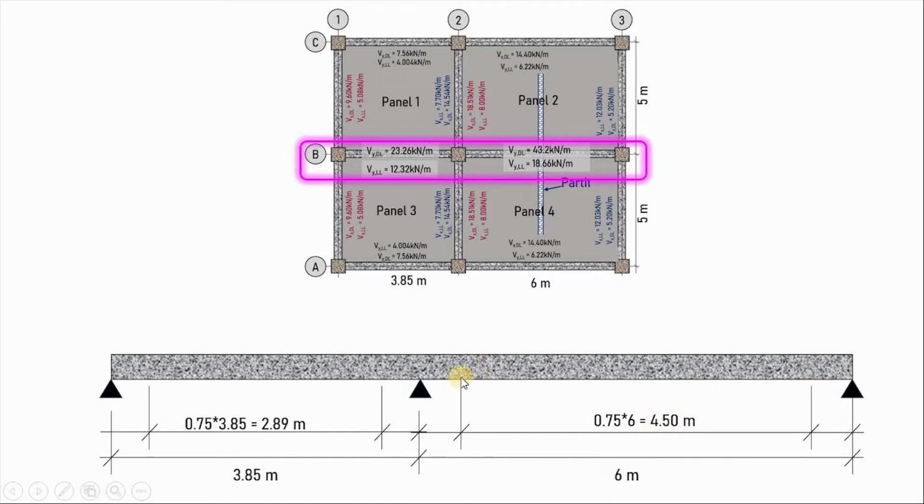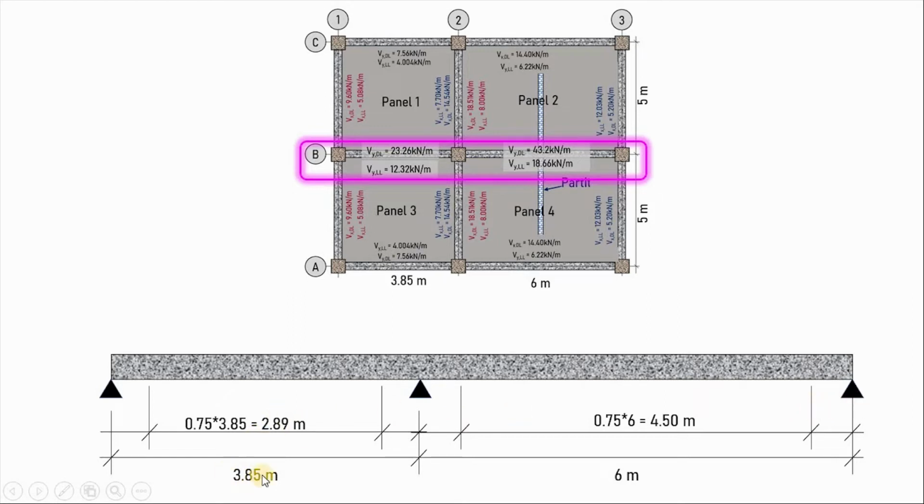Now the remaining part, what will happen? For example, here 4.5 is the middle span where we are going to distribute the load, and the total is 6. Now 6 minus 4.5 will be 1.5. Half of 1.5 and half of 1.5 will be here. It will be 0.75 here and 0.75 here.